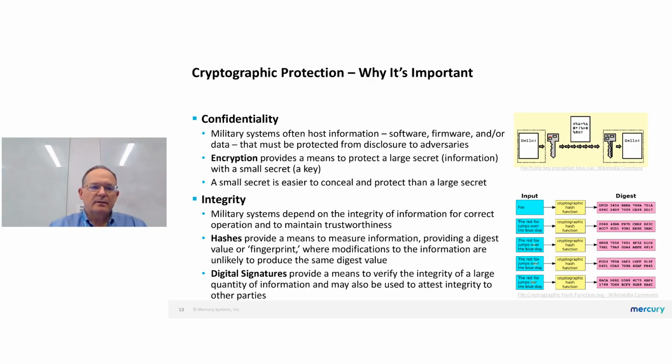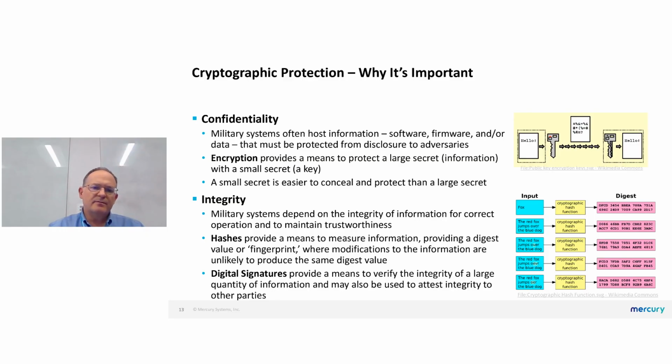And with respect to integrity, there are a couple of mechanisms that are particularly notable for where cryptography provides benefits. First is the use of hashes, which provide a means to measure information of nearly arbitrary size, providing a digest value, kind of like a fingerprint, such that if there's a modification anywhere in that information, it's highly unlikely that you get that same fingerprint or digest back.